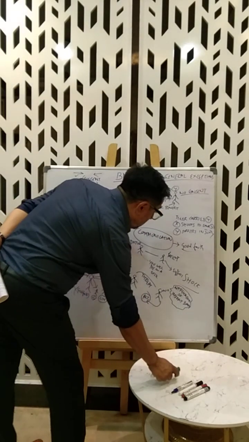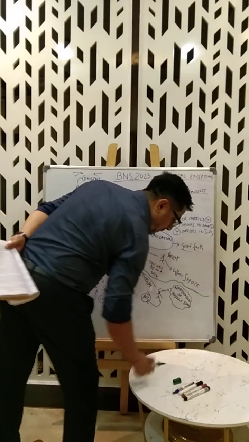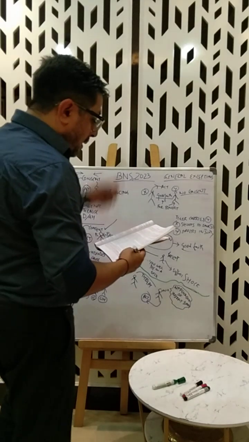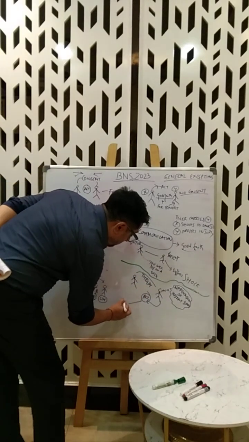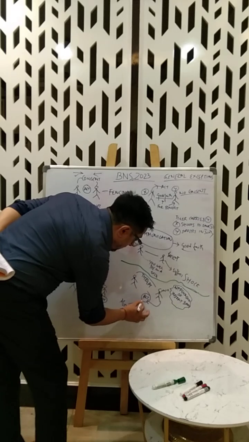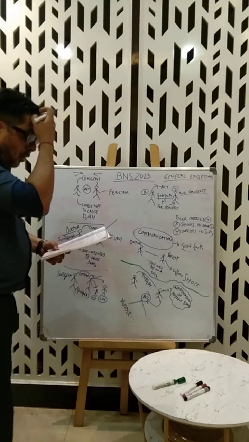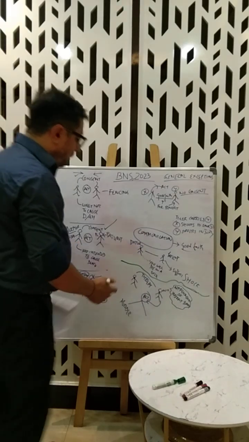This is another example, right? This will not be an offense, but there are two exceptions to it. The first is, this act cannot be murder, and it cannot be an offense against the state punishable with death.